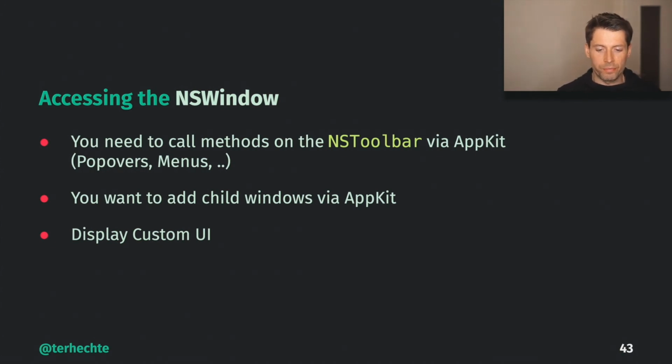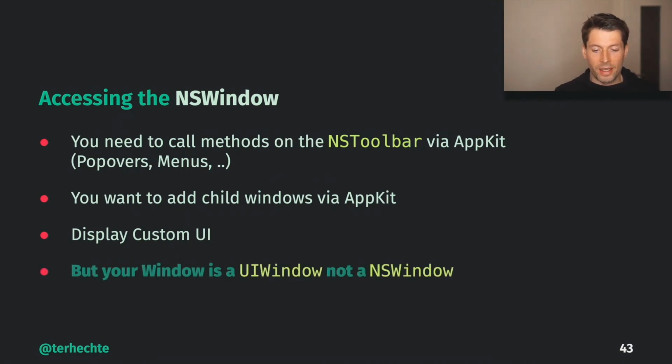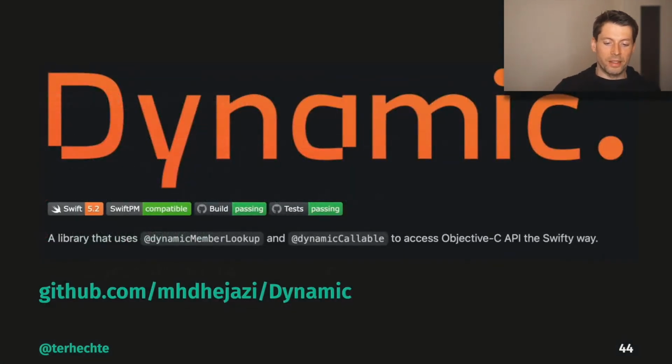And getting access to this window is actually a little bit tricky. Thankfully, there's a great solution for that, and that is called Dynamic. Dynamic is a package that you can add with the Swift Package Manager, and it makes it really, really easy to access Objective-C APIs via Swift. It's using the dynamic member lookup and dynamic callable conventions, and it's really great.